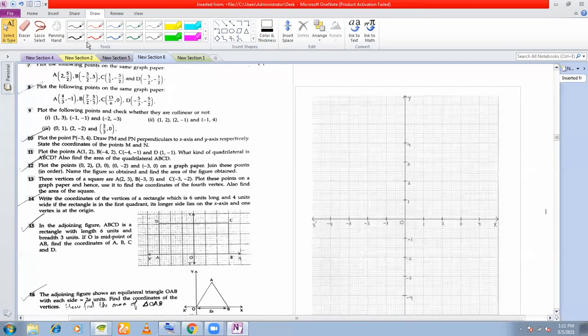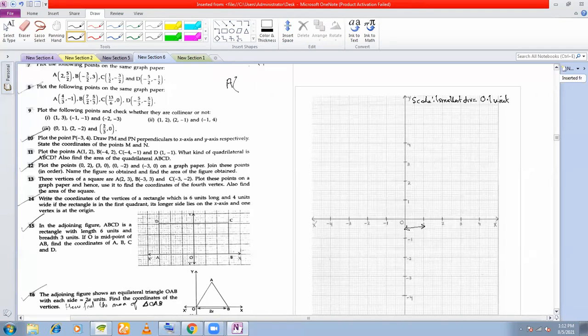And what is the scale here? Write the scale here. 1 smallest division is equal to how many divisions here? 10 divisions, right? So 10 divisions, 1 unit. That means 1 division is 0.1 unit, right?